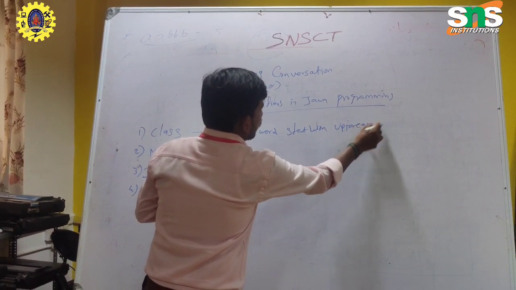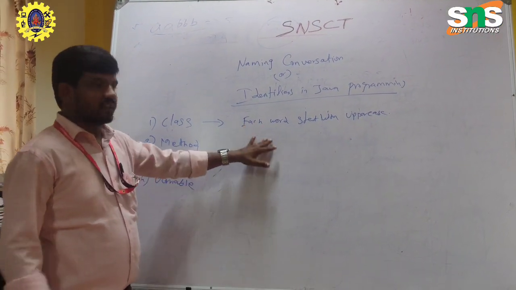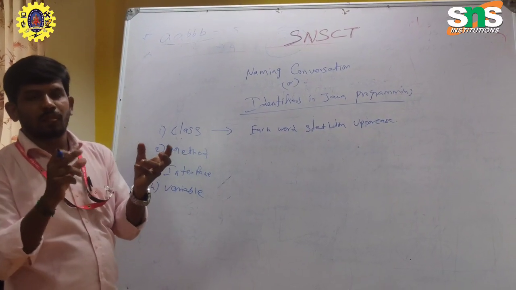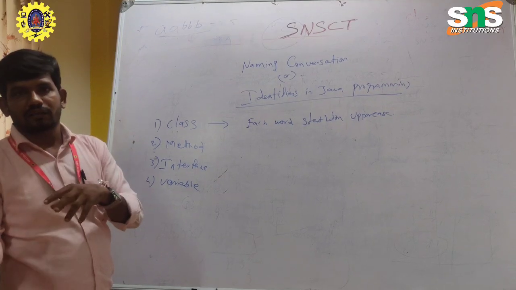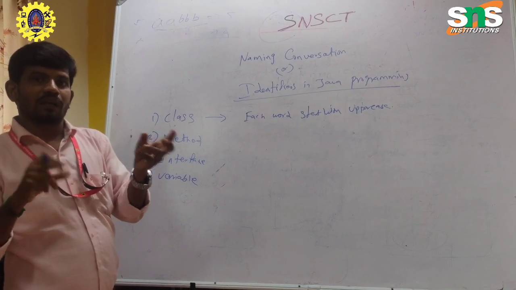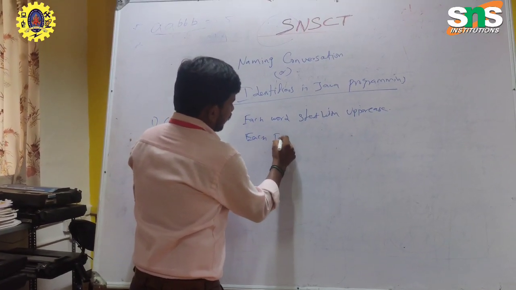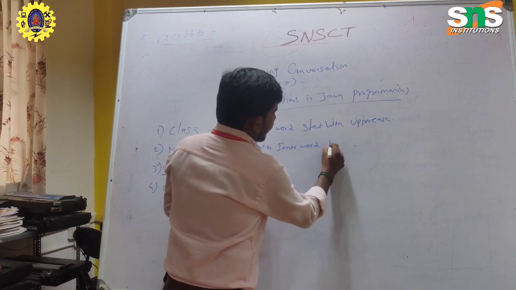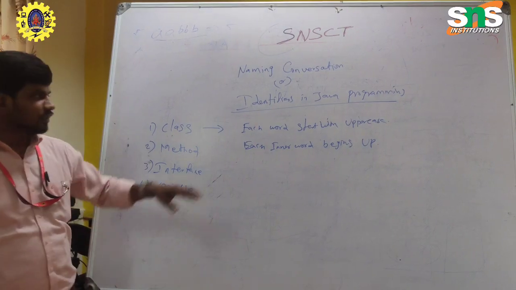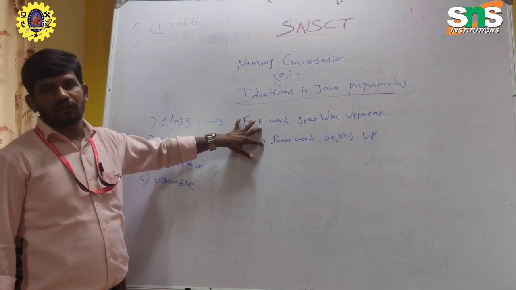Next, each inner word, suppose we have two different words like AnimalCat or BirdParrot, each inner word begins with uppercase. These two lines are very important, and based on this we define the class names.